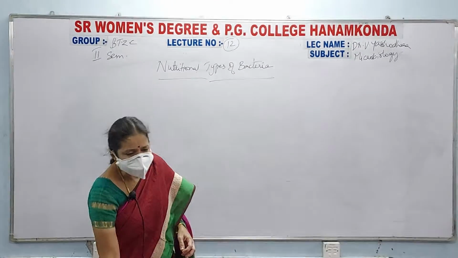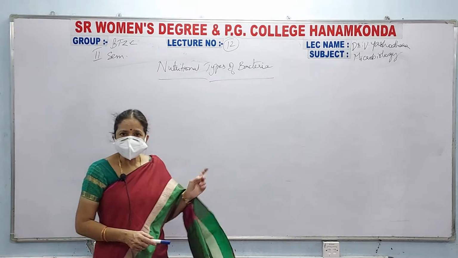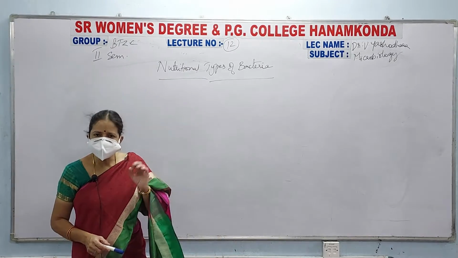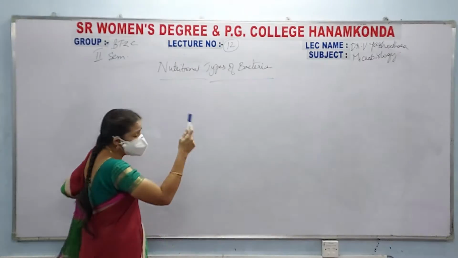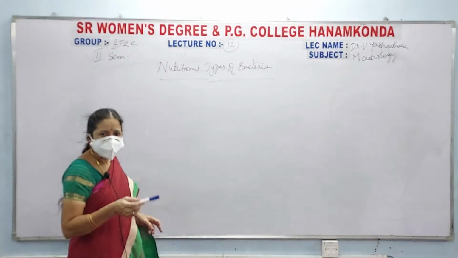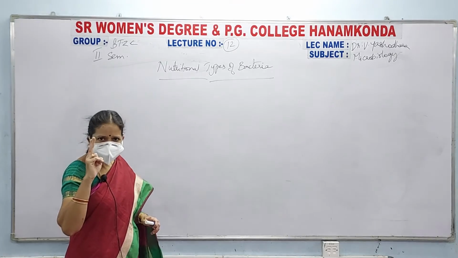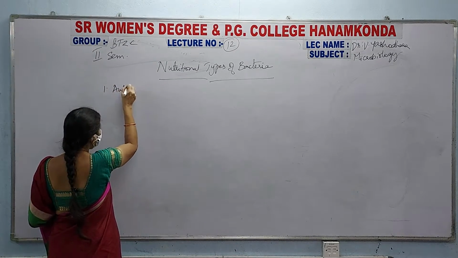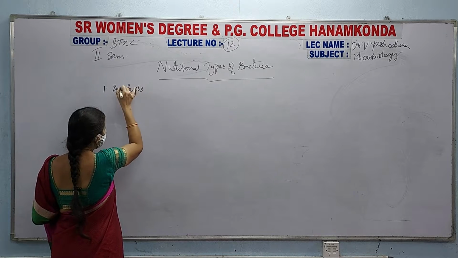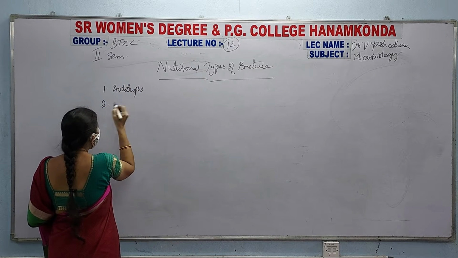Based on the type or mode of nutrition, the bacteria are mainly classified into two types. One is autotrophs, second one is heterotrophs.